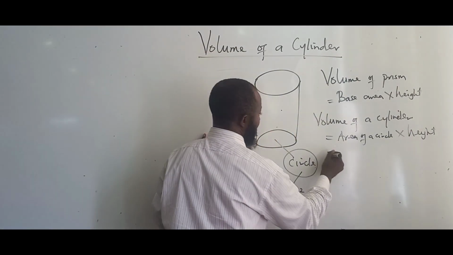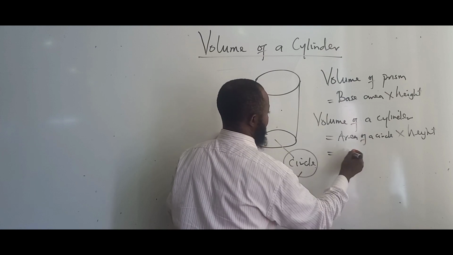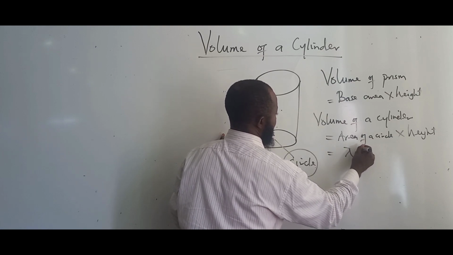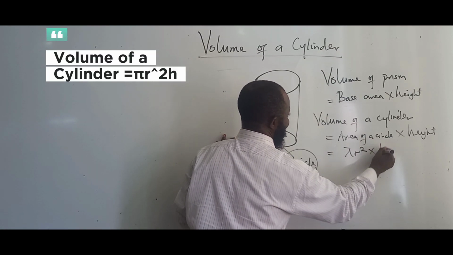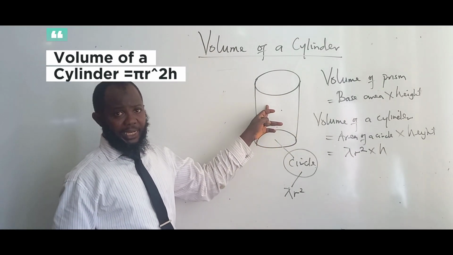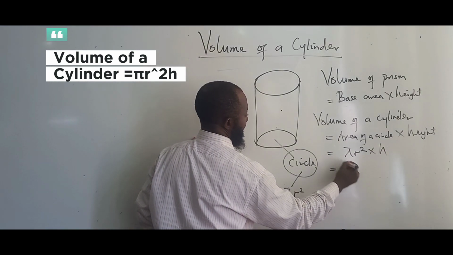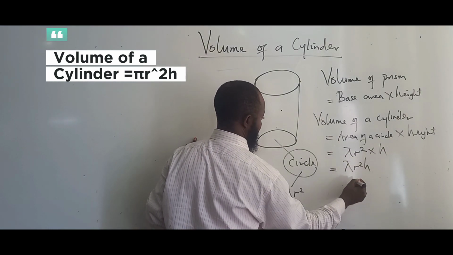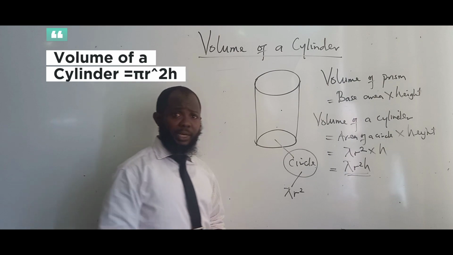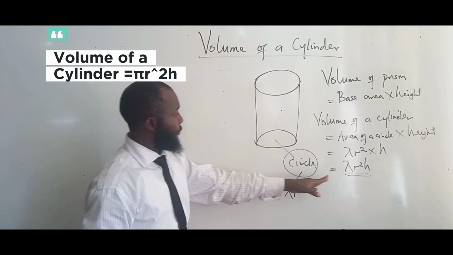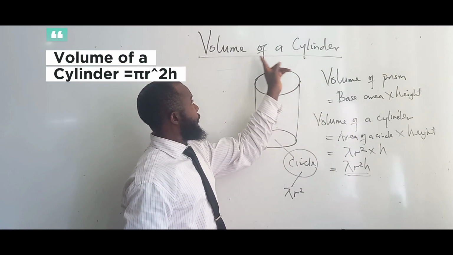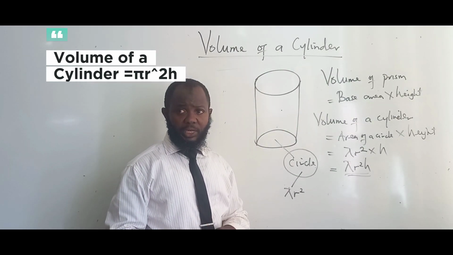So we're going to have the area of the circle, pi r squared, multiplied by the height of this cylinder. So in that case, it will be pi r squared h. Hope that is clear to you. So that is the formula for calculating the volume of a cylinder.